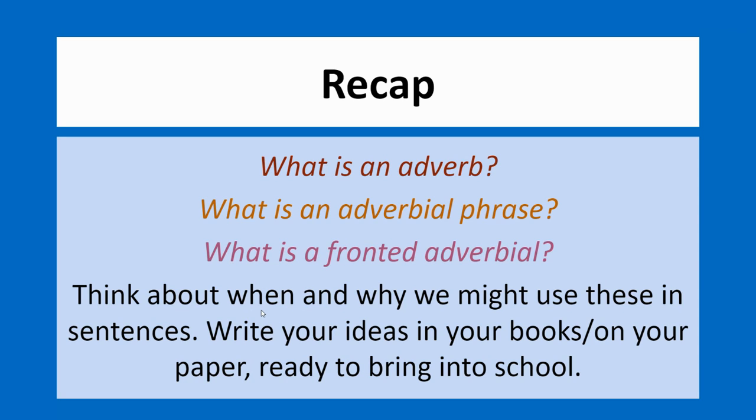So, also an adverbial phrase. Now we've heard of these and sometimes we do often get confused with them, but an adverbial phrase is like an adverb. It adds more information to the sentence, but it uses more than one word to describe the verb, so the doing word. For example, the farmer drove the tractor in the evening. So in the evening being the adverbial phrase, as it's adding more than one word to describe the verb.